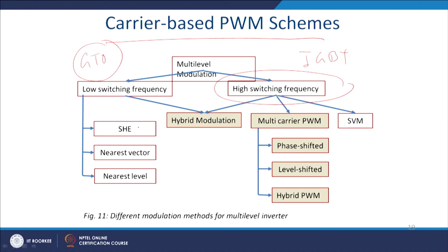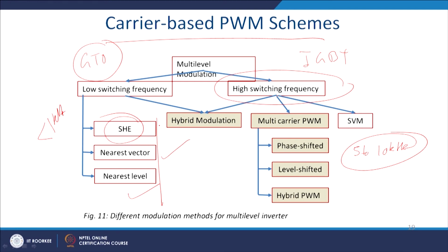Selective harmonic elimination is generally sub 1 kilohertz frequency, and here the frequency range is 5 to 10 kilohertz. So, you have SHE, thereafter nearest vector, thereafter nearest level. These are a few techniques.